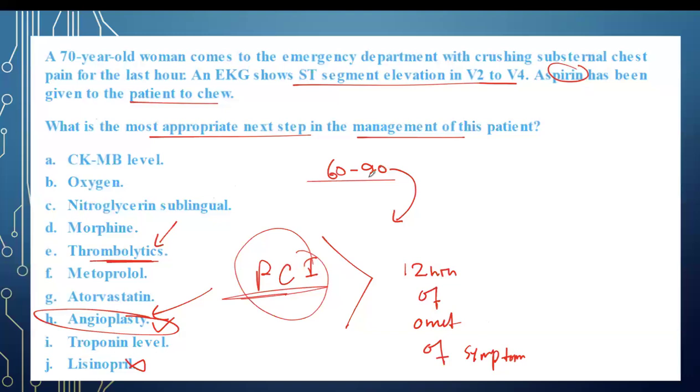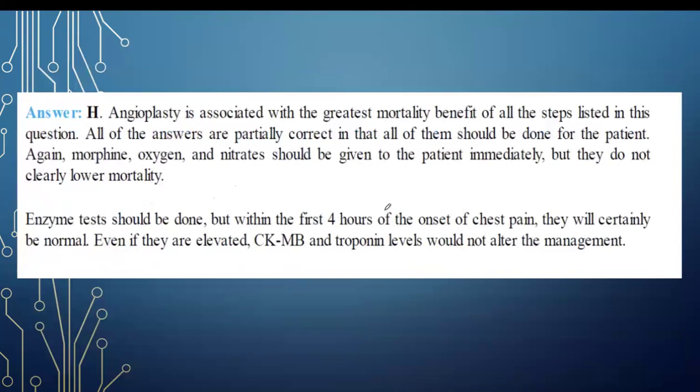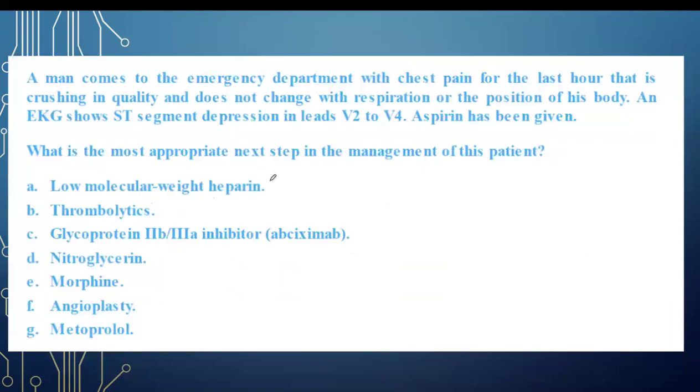The 60 to 90 minutes is mainly for a patient who enters your hospital; they should be in the catheter lab within 90 minutes. Okay, 90 minutes of entering your hospital, not from the symptom onset. So angioplasty is associated with the greatest mortality benefit of all the steps listed in this question.